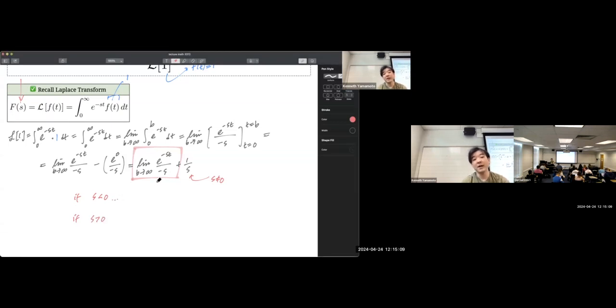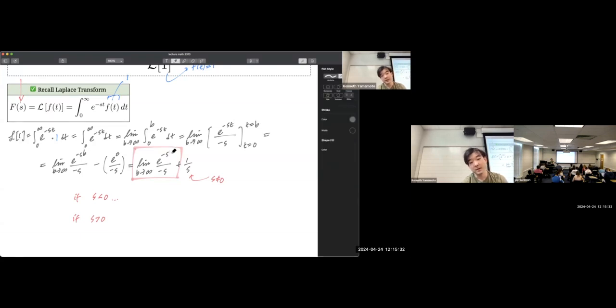If s is less than 0, then this is going to be e raised to, as b goes to infinity... I should have said this is b, because we plugged in b for t.